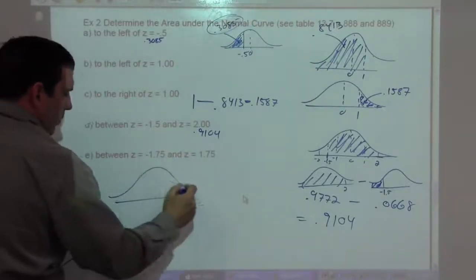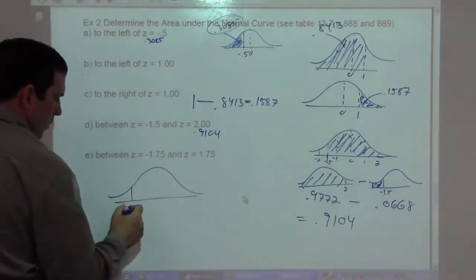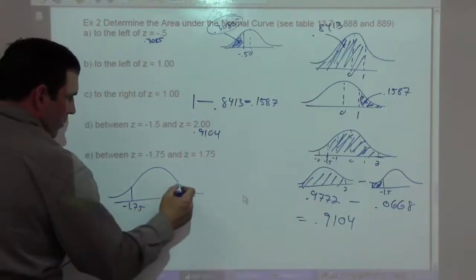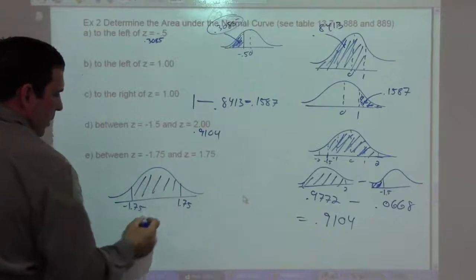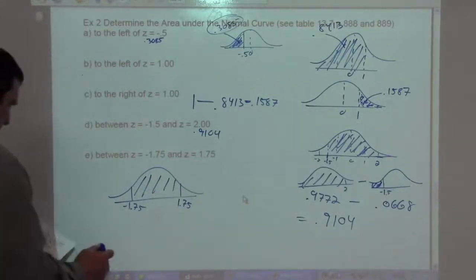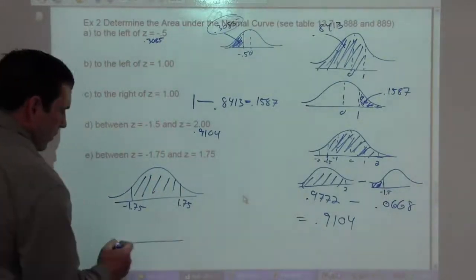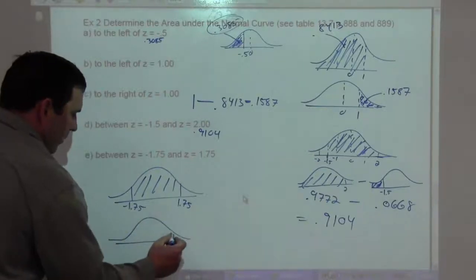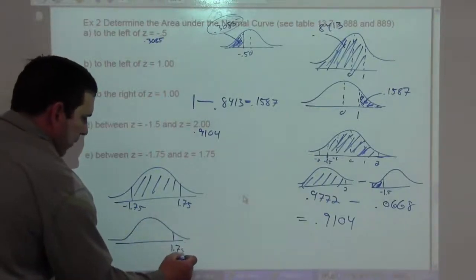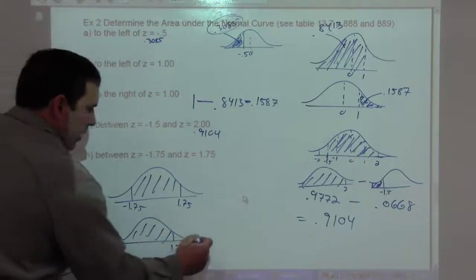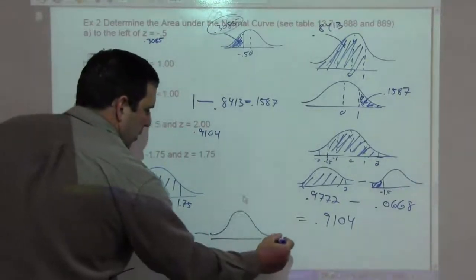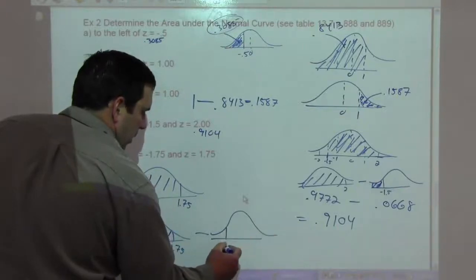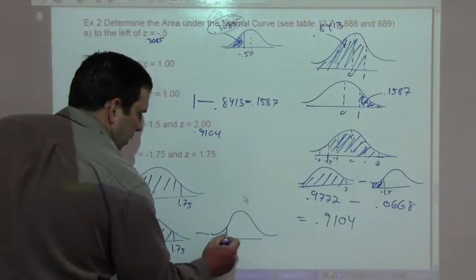And the last problem from this example says, how about between negative 1.75 and positive 1.75? We want this region, so we look at the region for 1.75 and subtract from it the part that should be missing, which is the region to the left of negative 1.75.